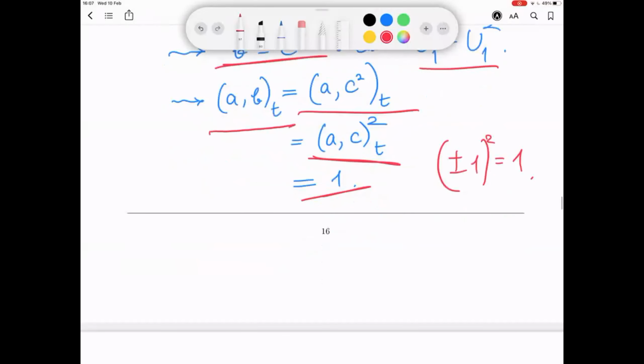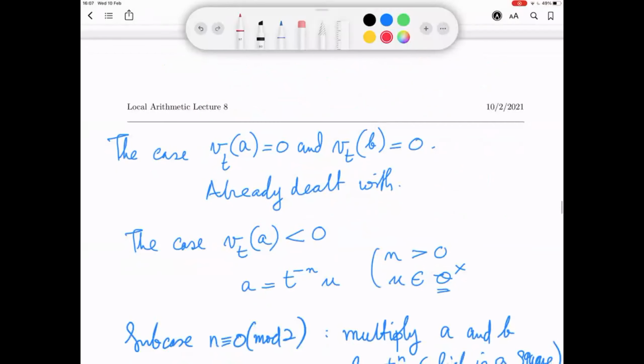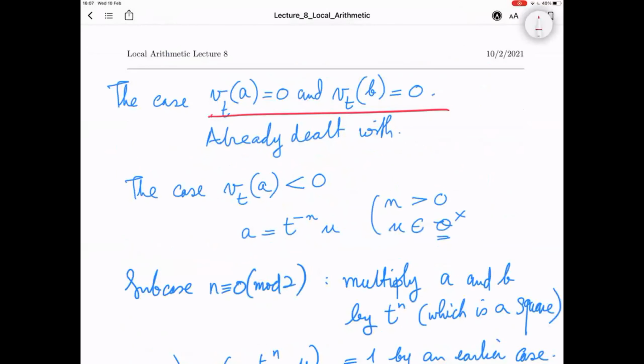So let's look at the next case, when the valuations of both these things are equal to 0. Maybe we have already seen this case, that was case 1. We said that if you have two units, then here you will have (A,B)_T equal to 1, even without the hypothesis that A plus B is equal to 1.